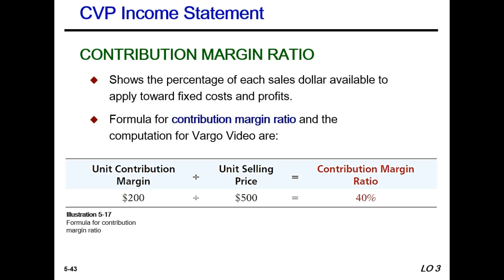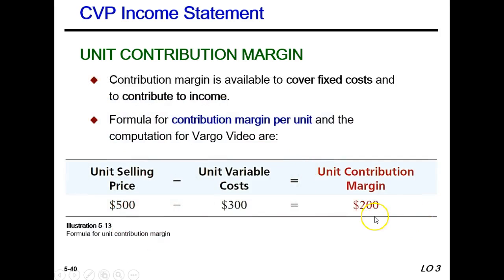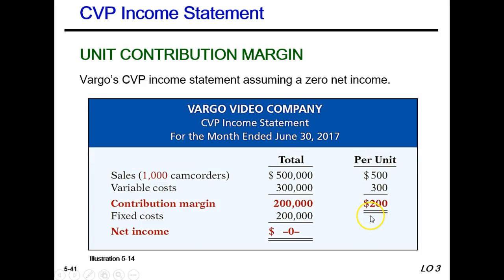The contribution margin ratio is going to show the percentage of each sales dollar that gets applied towards either fixed costs or profits. The formula is we take our contribution margin, which if we go back here, remember it's $200 per unit, okay?